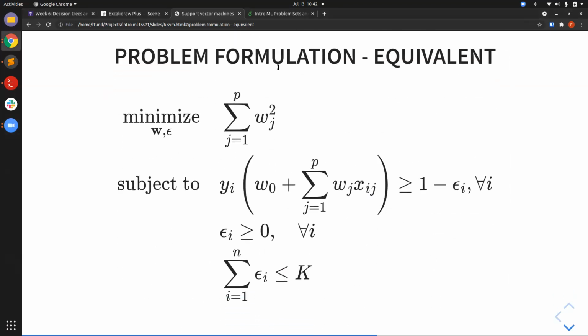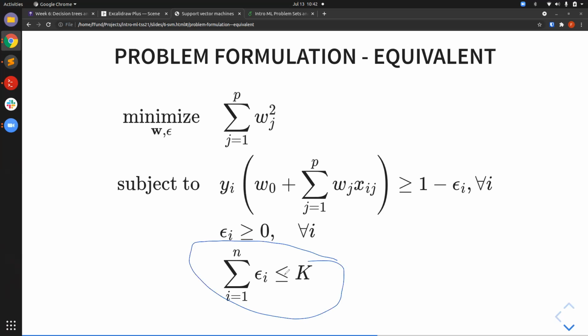So now we're trying to minimize the L2 norm of the weights, subject to this condition. So we're still enforcing the over the margin thing and the budget. It just looks a little bit different because now we're using the norm of the weights to define the size of the margin. So we have this equivalent problem now. And we're going to further simplify it by moving this part into the objective function.